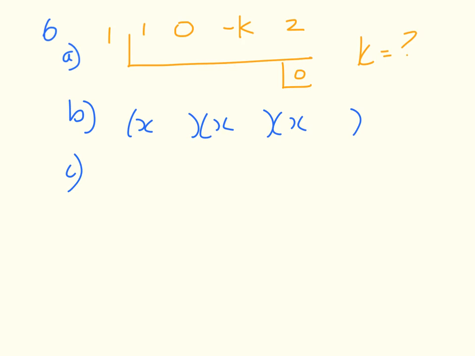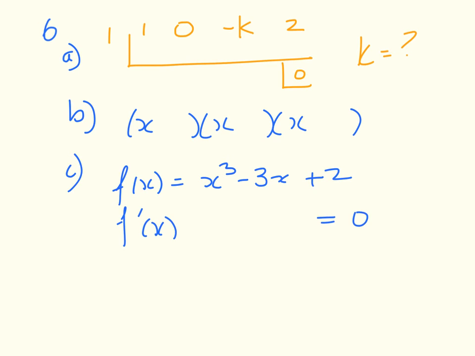Part C, find the stationary points. Go back to your original expression, your f of x equals x cubed. I'm going to tell you, just to help my writing out the solutions, that k is 3, so you get minus 3x plus 2. So for the stationary points, we differentiate that and put it equal to 0.